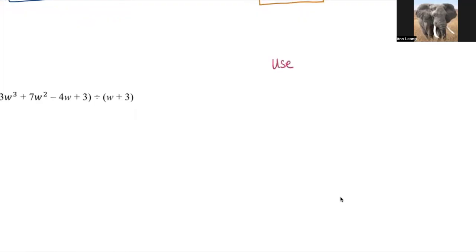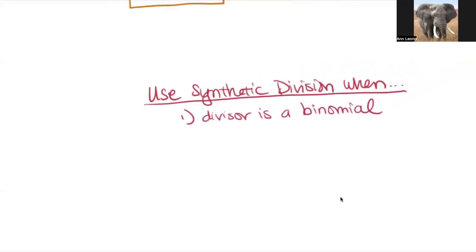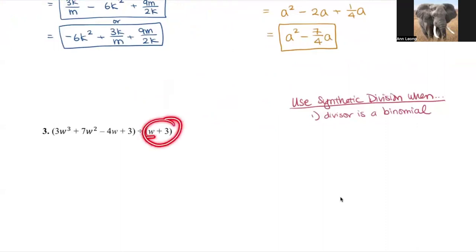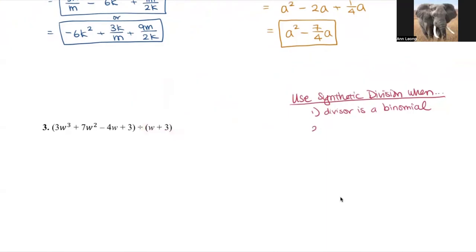Use synthetic division when, 1, the divisor is a binomial, so only 2 terms. For example, in number 3, this is our divisor. There are 2 terms here, so I can use synthetic division. Number 2, the divisor has degree of 1.